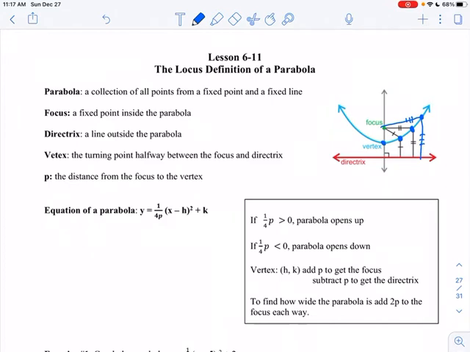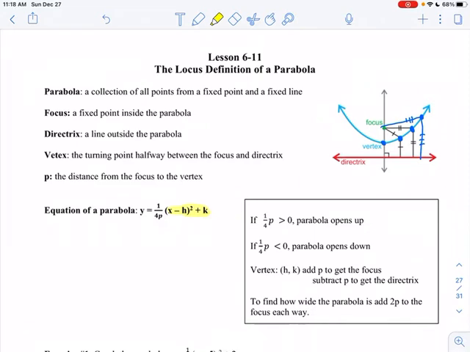All right, so the equation of a parabola, we're already familiar with this part right here, x minus h squared plus k. The h and the k are giving me my vertex, but this part right here, the 1 over 4p, is new to us. If 1 over 4p is greater than 0, the parabola opens up. Well, that makes sense because it's positive. We're used to that.